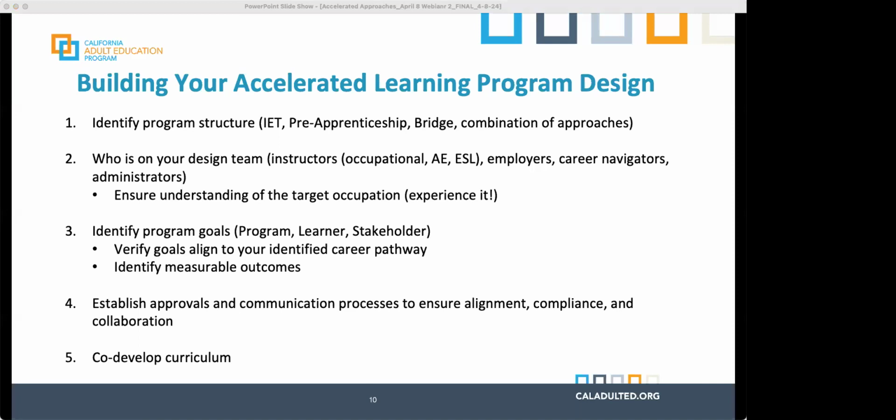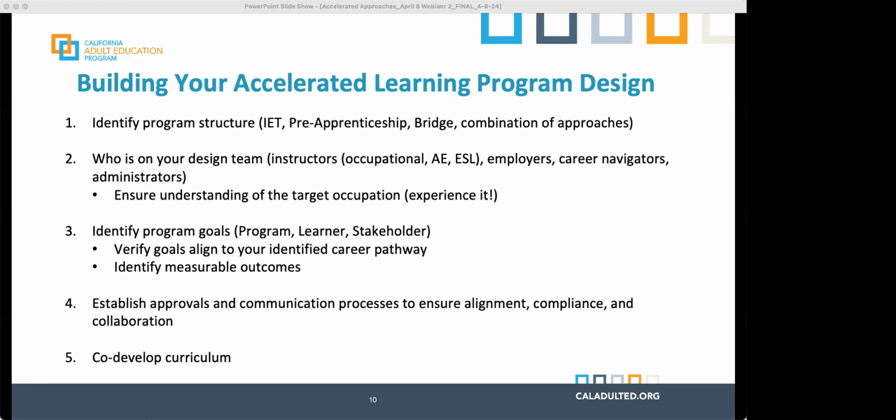Identify your program goals. Each program should have 3 goals: program, learner, and stakeholders, right? It's a program that is built for multiple audiences. And then you want to make sure that those goals align to your identified career pathway, as well as including measurable outcomes for each of those goals, and then communicating them out to your adult learners as well as to your stakeholders.